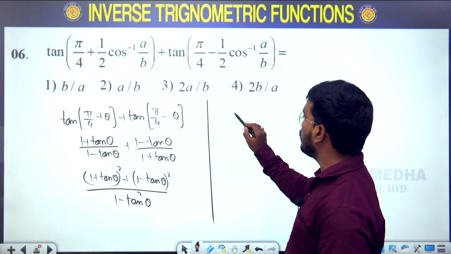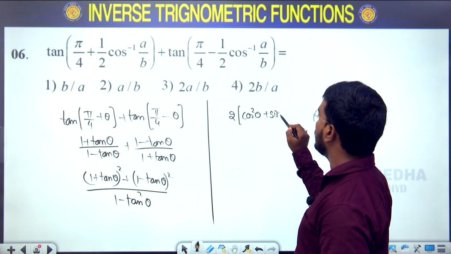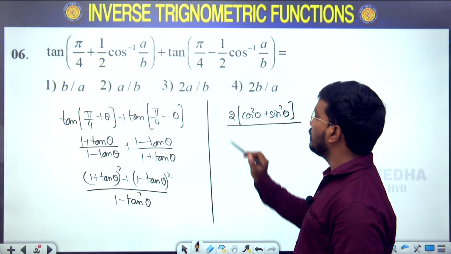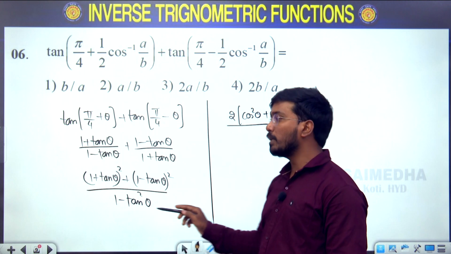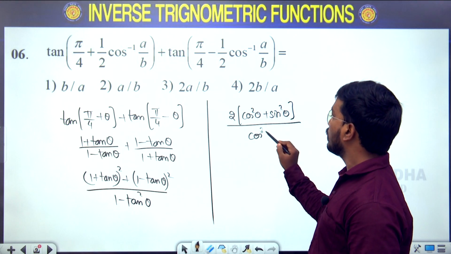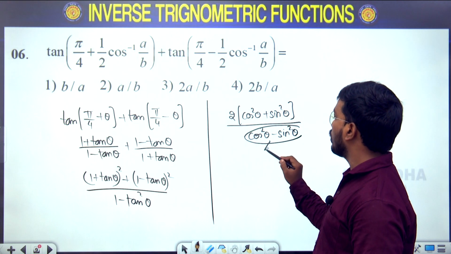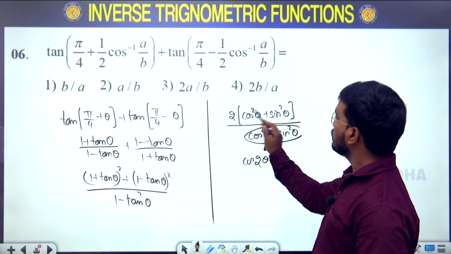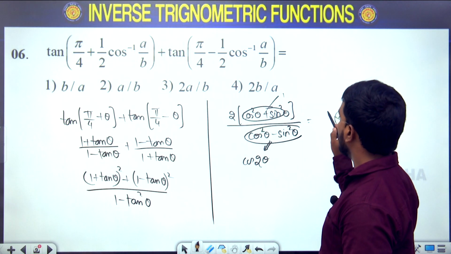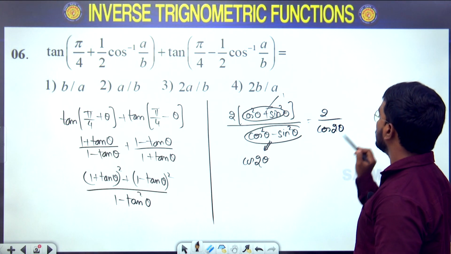So what can we write here in the numerator? 2 times cos square theta plus sin square theta, divided by, here we have cos square theta minus sin square theta. This will be written as cos 2 theta, and the numerator as 1. So what is the answer now? 2 divided by cos 2 theta will be your answer.